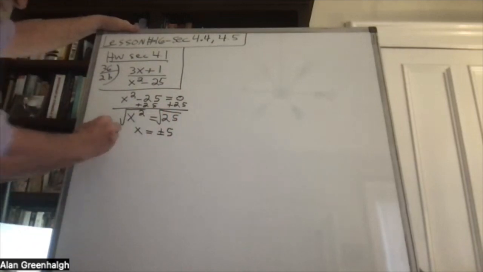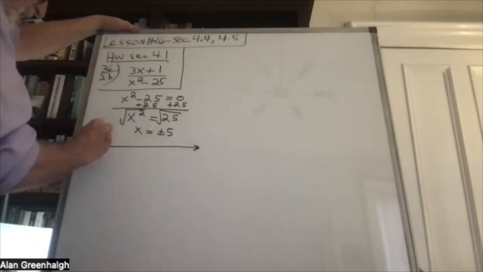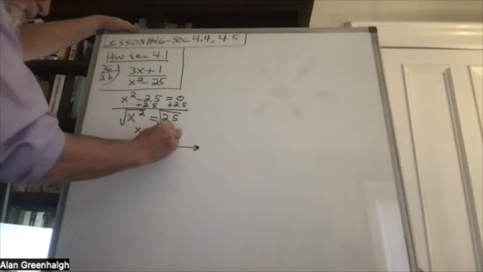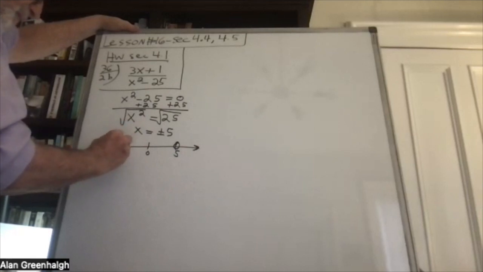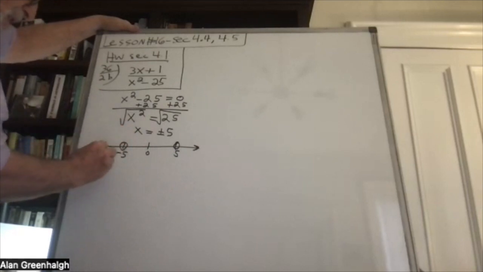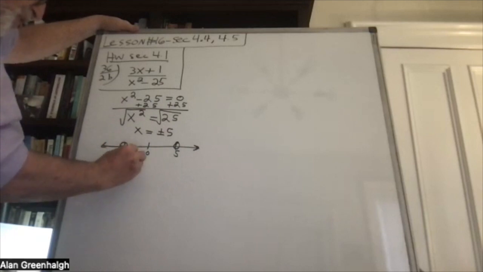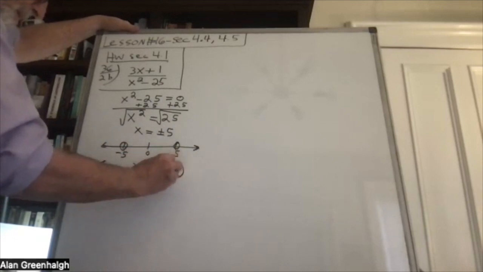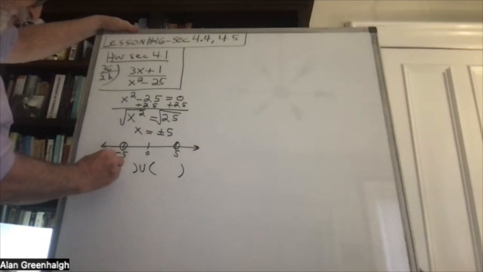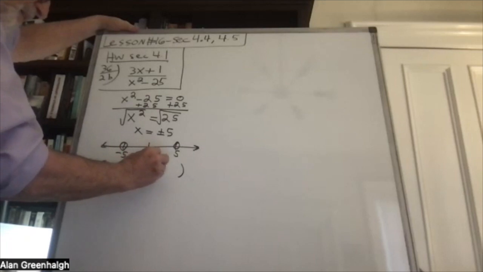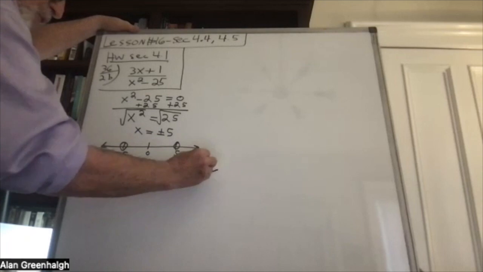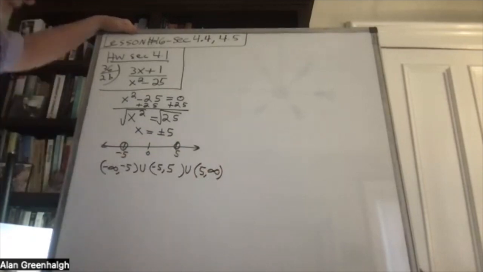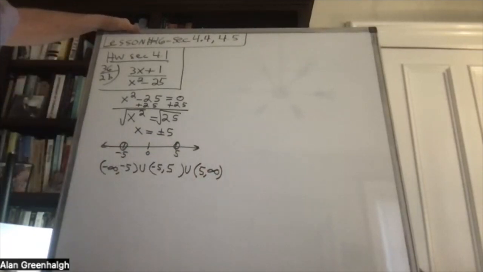In other words, if you look at it on a number line, this fraction is undefined at 5 and at -5. So in terms of interval notation, it's from -infinity to -5, from -5 to 5, and from 5 to infinity. This pretty much covers the entire domain.